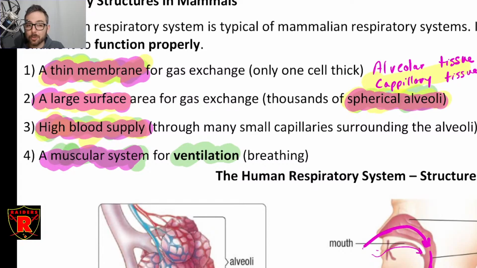And that's the reason why insects only get to a certain size. You're not going to go out and see an insect the size of a car, or an insect the size of a bicycle, a large insect.